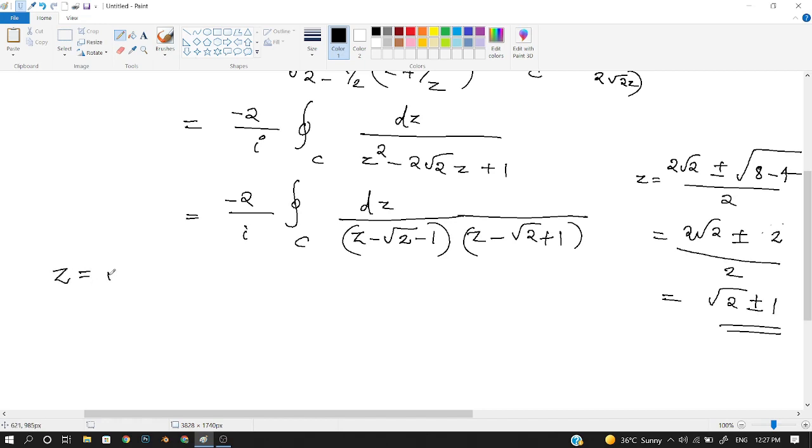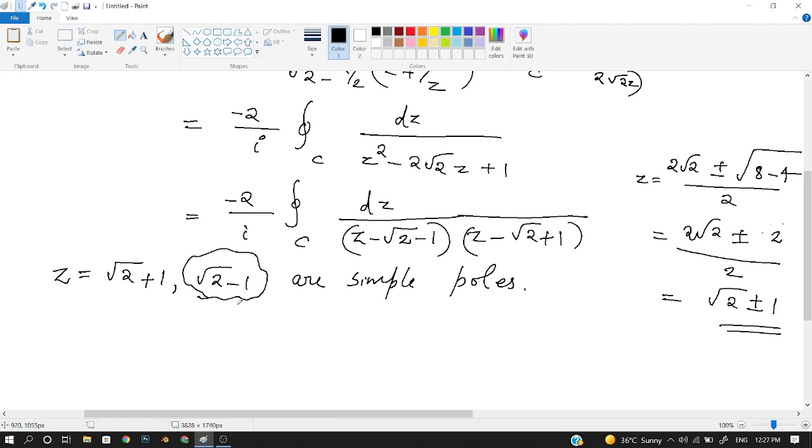Now it is clear that z equal to root 2 plus 1 and root 2 minus 1 are simple poles. And here z equal to root 2 minus 1 lies inside C, and the other one lies outside C. So here we want to calculate the residue of the given function at z equal to root 2 minus 1.